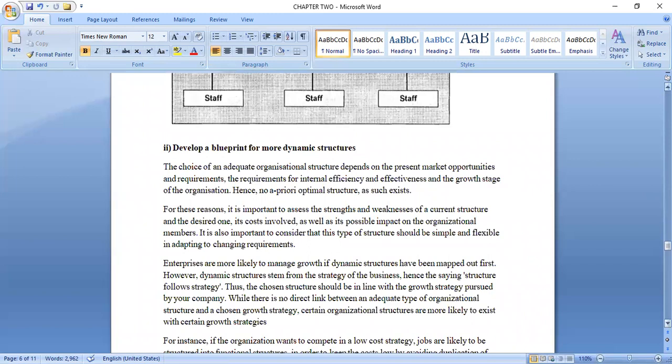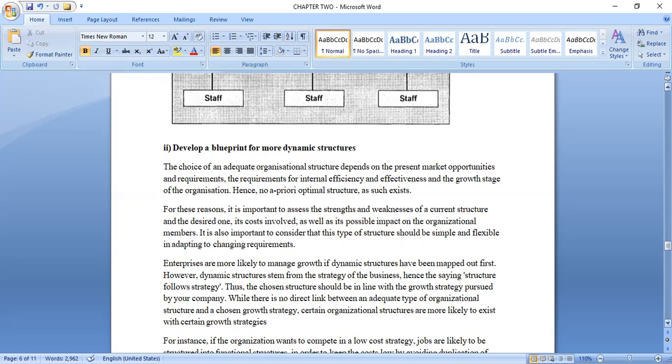So that was mapping, right? So mapping the organization structure. Number 2 is develop a blueprint for a more dynamic structure. So developing a blueprint is the plan, right?